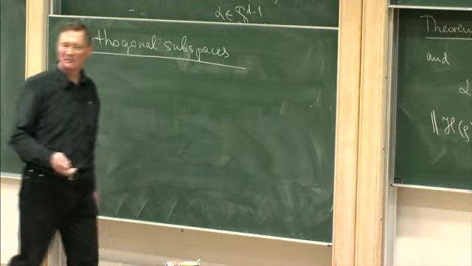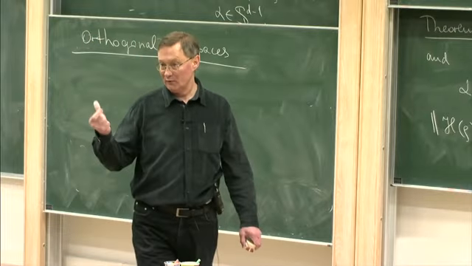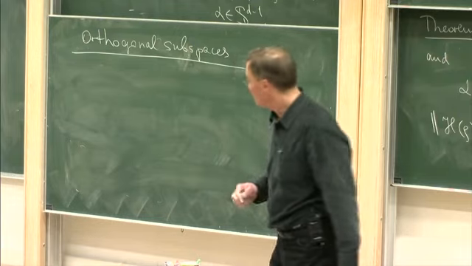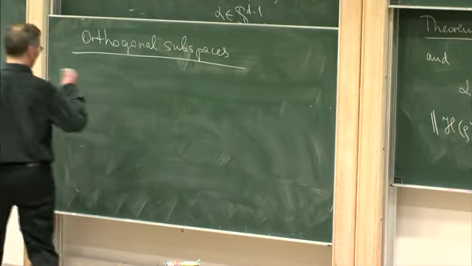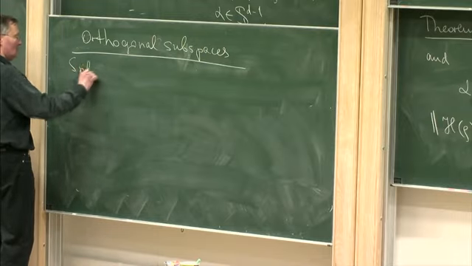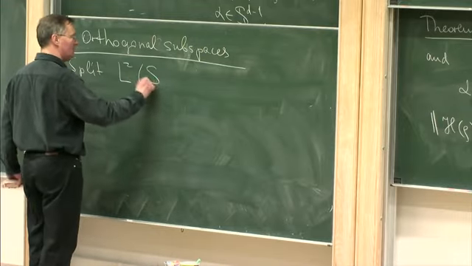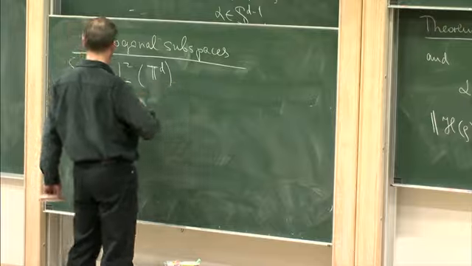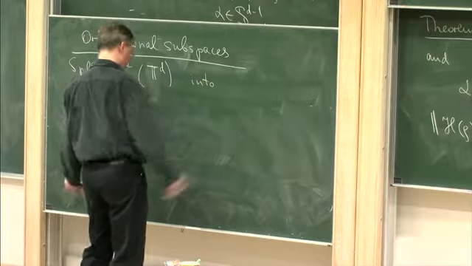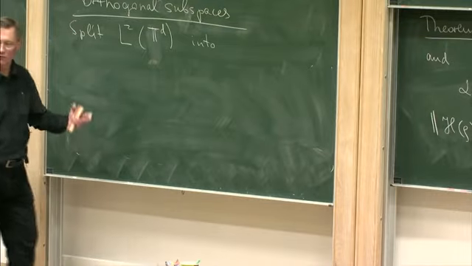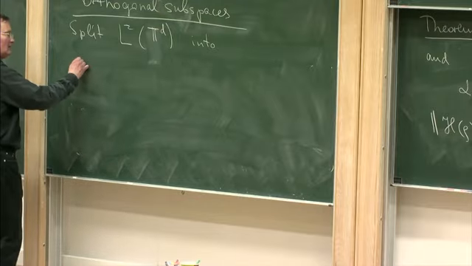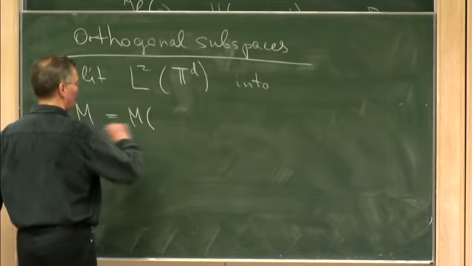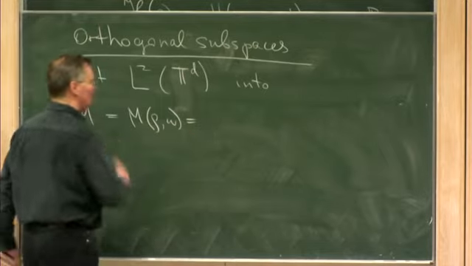These subspaces will be spanned by exponentials with certain exponents, with certain indices, and I want to split L2 on the torus into two subspaces. They will be described by these sets. This is the first set.